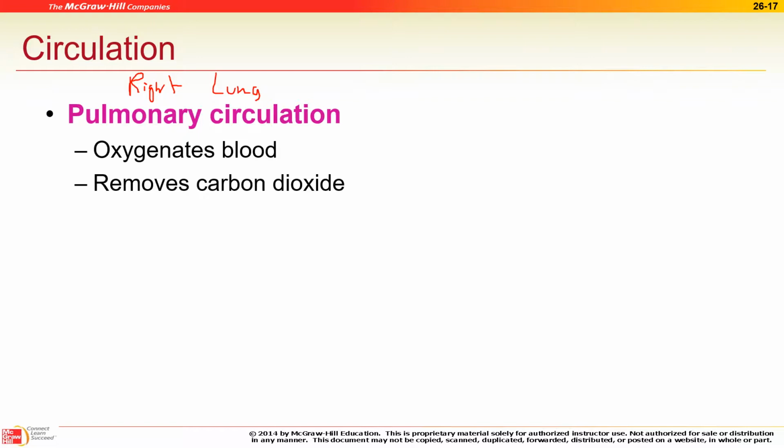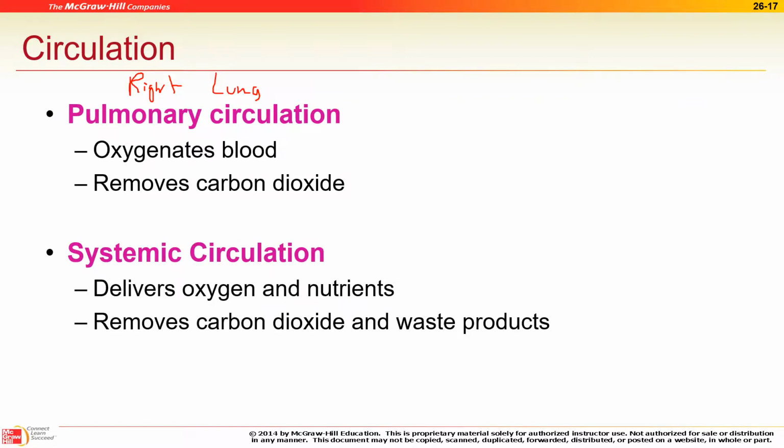So that's why it's a little bit smaller. Now when the blood comes back to the left side of the heart, it needs to pump through the whole body. So that's a bigger job, hence the larger size. So to the body is the left side. That's why it's larger, because it needs to go through the whole body, the systemic circulation.